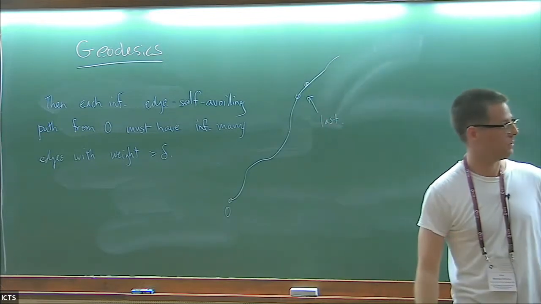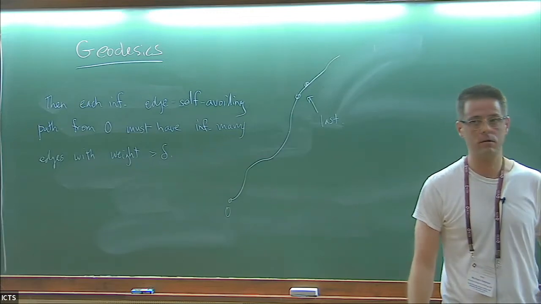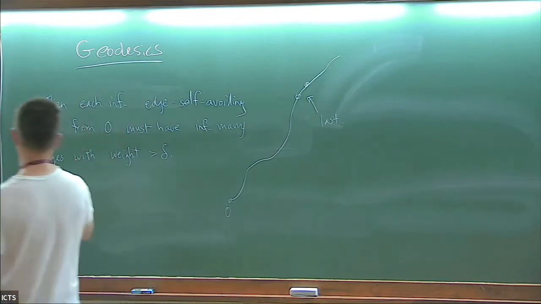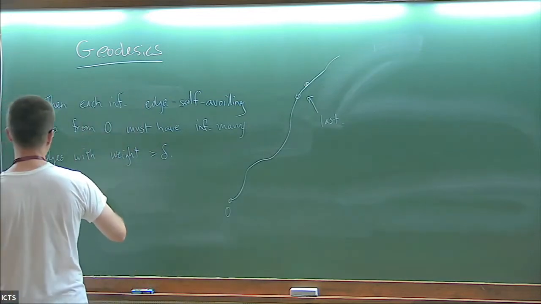But that's not allowed, because of what we said over there. Okay, so now if we look at the alternative characterization of rho(0), it's the infimum of T over all such paths. But they all have infinitely many weights bigger than delta, right? So that means that they're all infinite. And so this gives us that rho(0) is infinity.